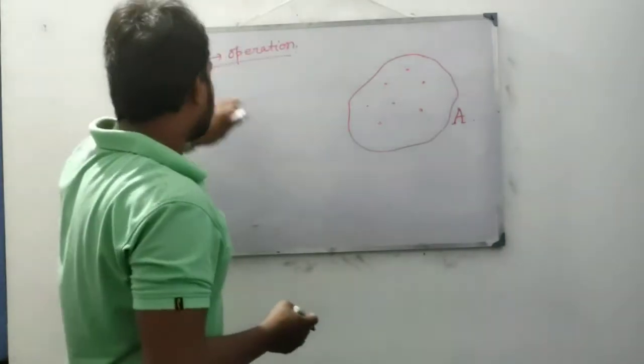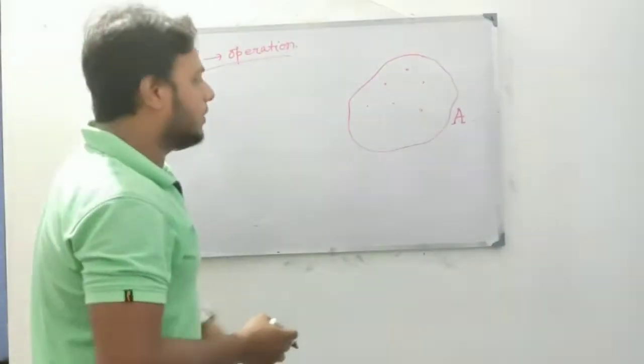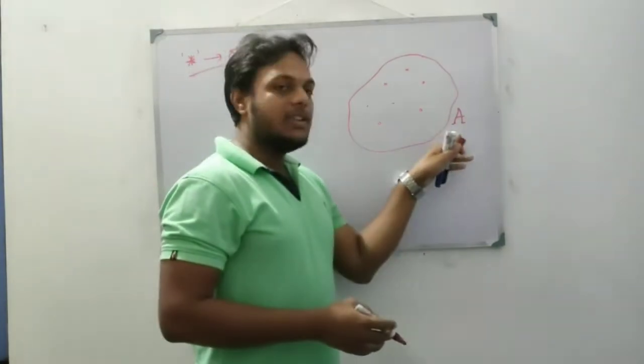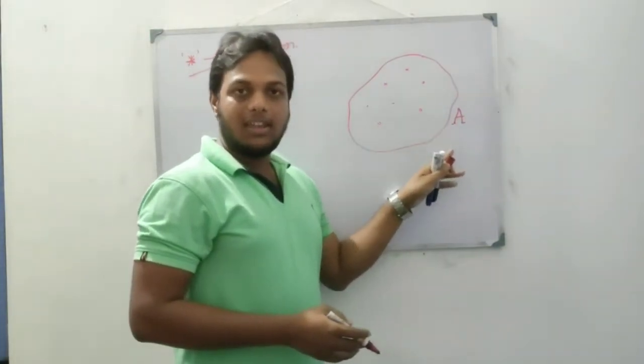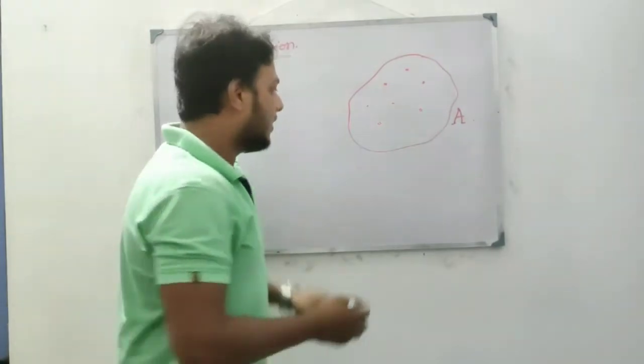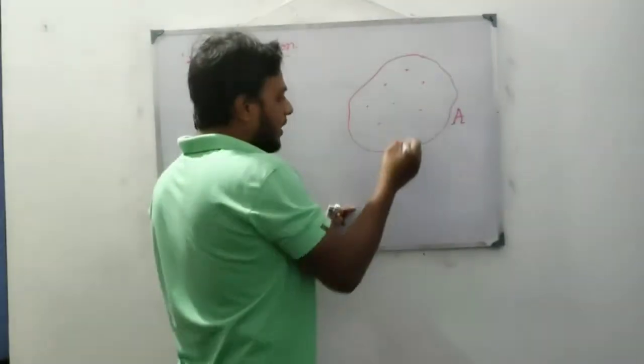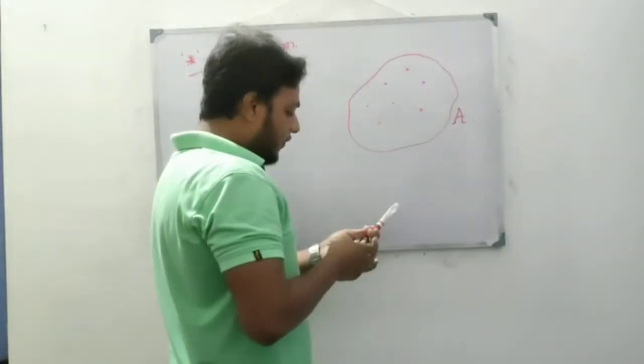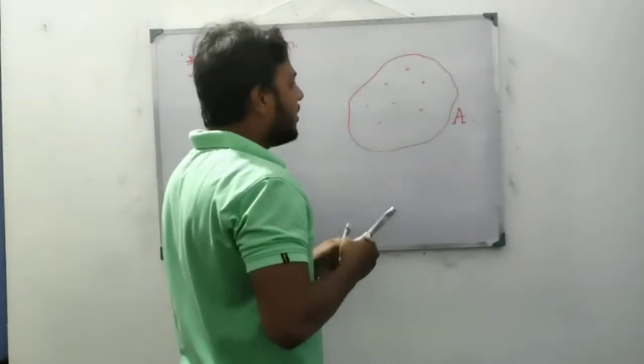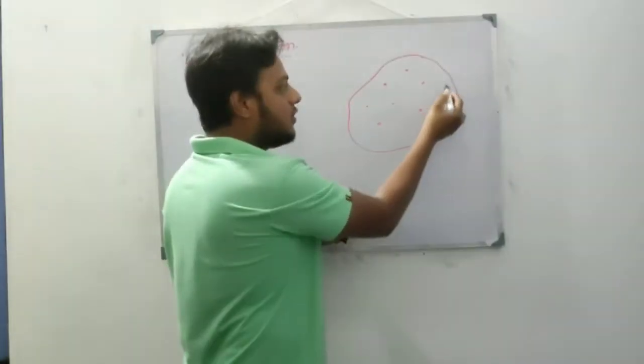So this operation star is said to be a binary operation on this non-empty set A if, suppose there are so many elements, and you consider any 2 elements from this set, any 2 arbitrarily.